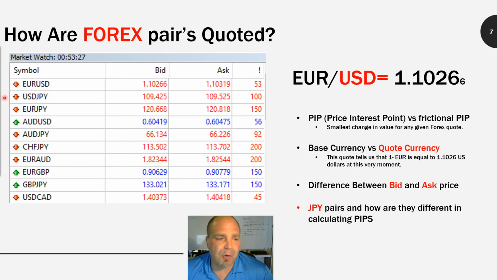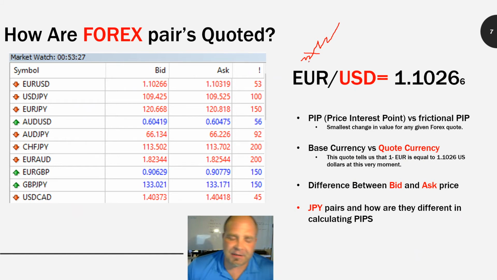So if I were to open a trade, let me put my pin on. Let's say I open a trade at this level. Price is going up. And if I open at the bid price, it's going to start me out 5.3 pips in the negative. So every time you open a trade, it's going to start out negative if there's a spread, which most of the time there is.